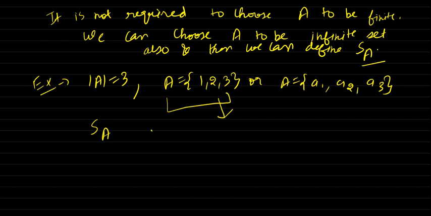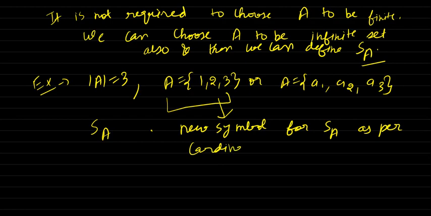Now we will introduce a new symbol for S_A as per the cardinality of A. This is done only in the case of finite sets, provided that A is finite.